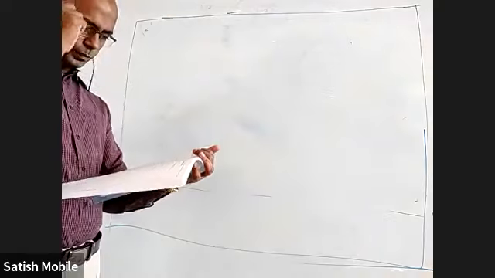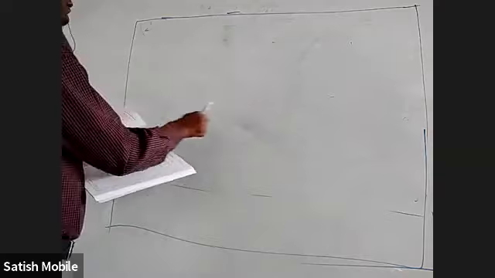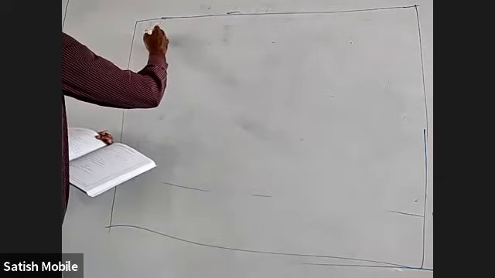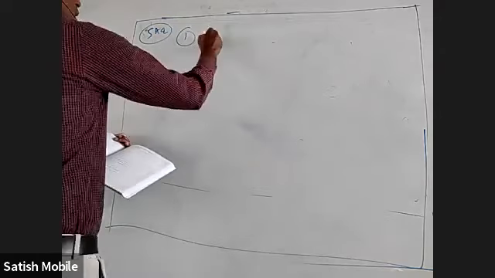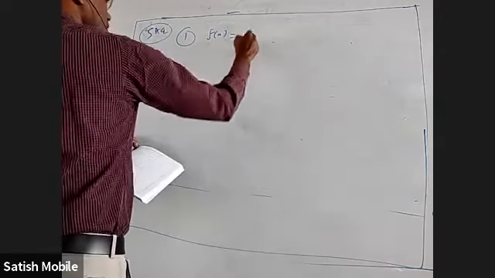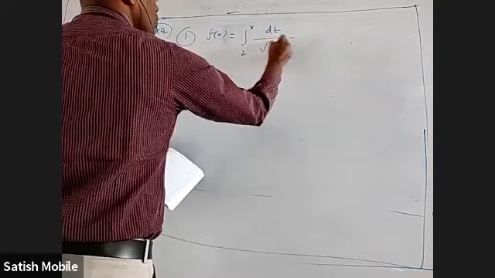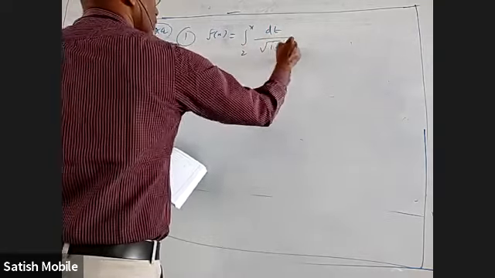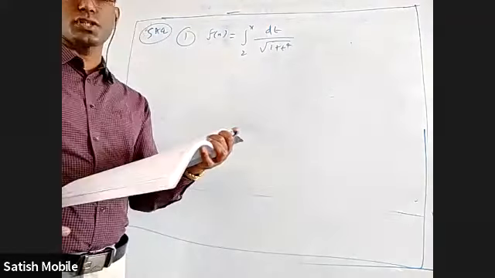All right. Very first question. I'm doing single answer questions, the odd numbers. They gave f of x is equal to the integral from 2 to x of dt by root of 1 plus t power 4. They said g is the inverse of f and they want g dash 0.